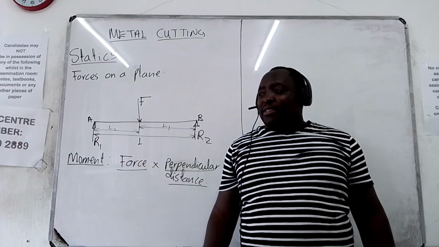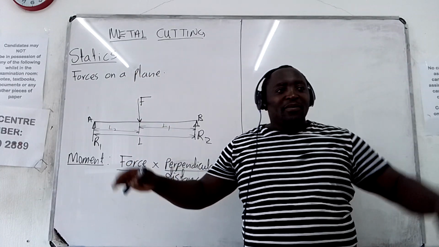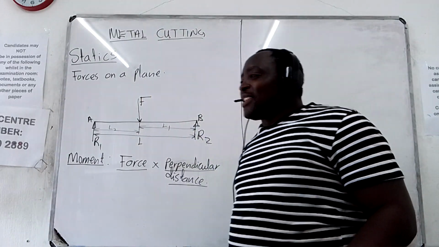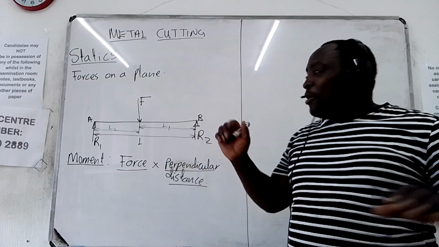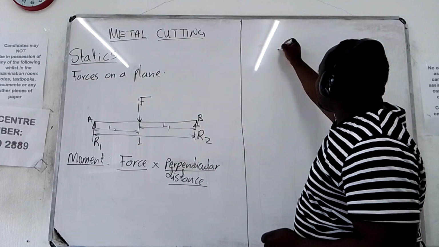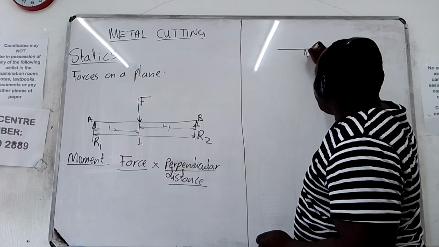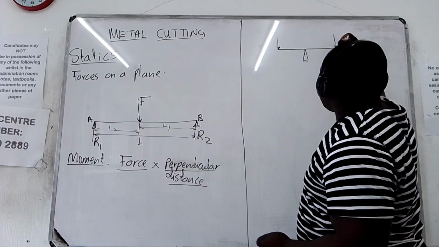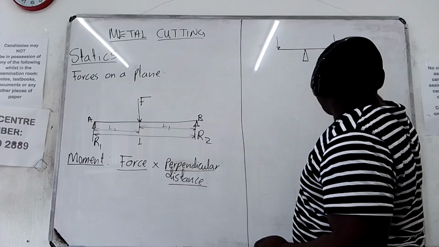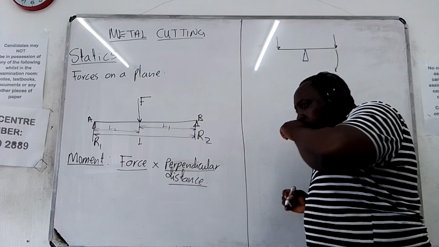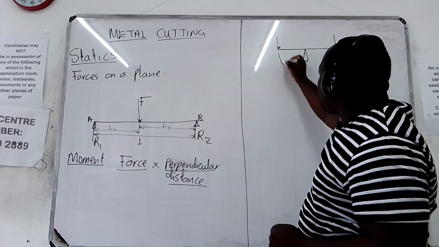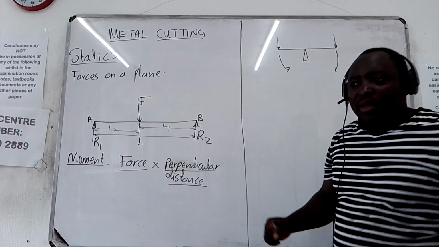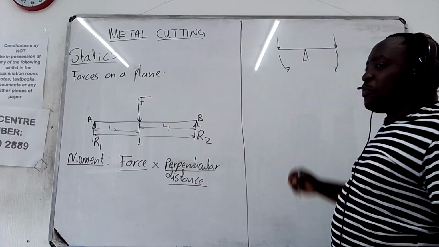Do we remember how the seesaw works? A seesaw is like this. You have a support in the middle, one person sits there, another person sits there. This one goes this way, the other goes that way. You balance the forces. So we are going to take the principle of a seesaw.